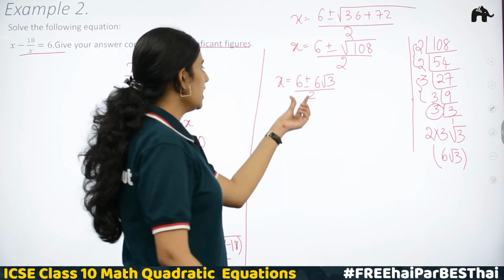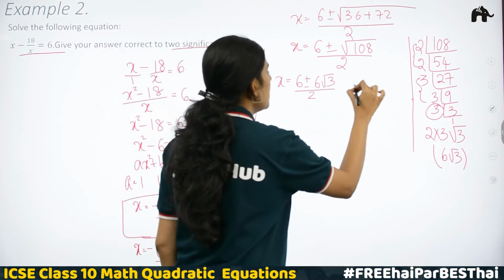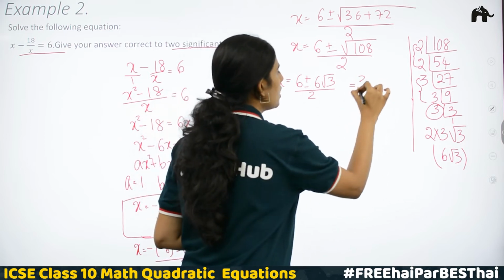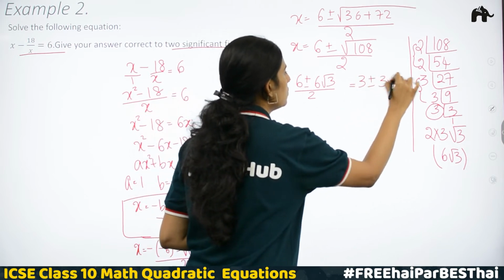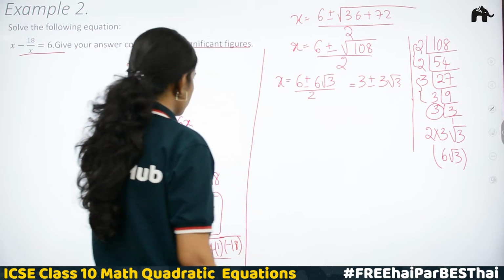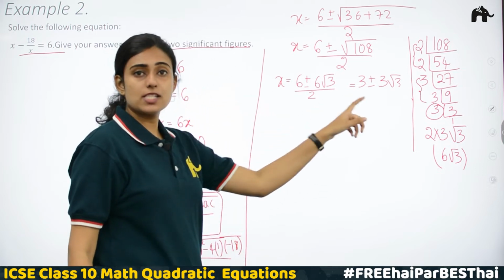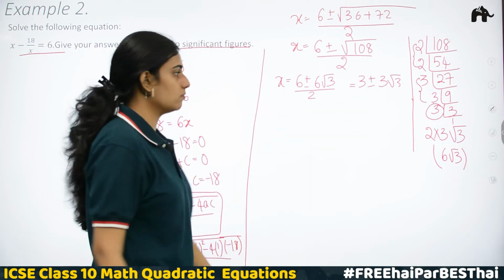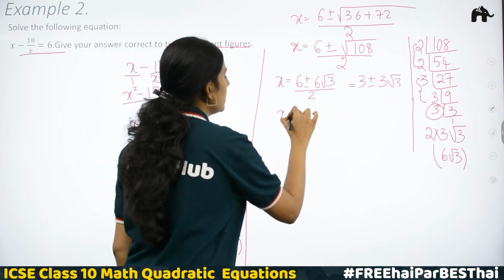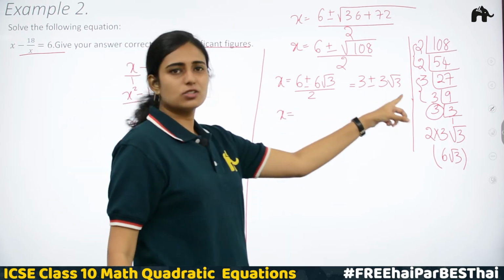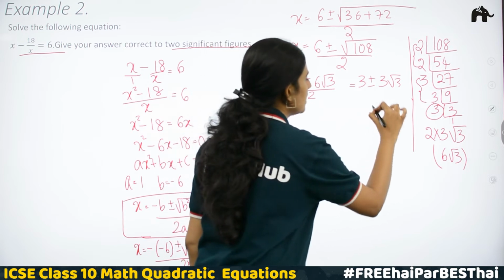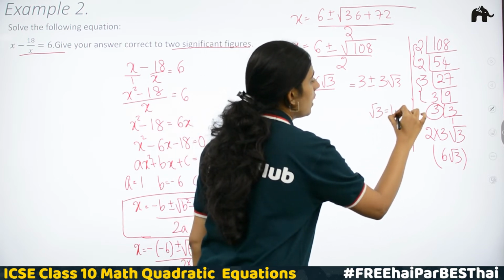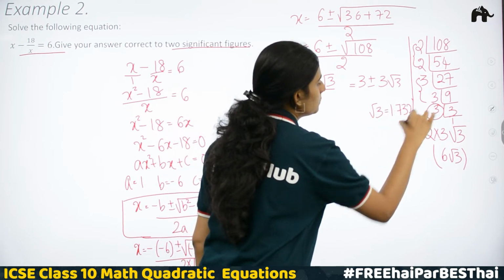Dividing with 2, you will get 6 by 2 is 3 plus or minus 3 root 3. x is equal to, what is root 3? The value of root 3 is 1.732.